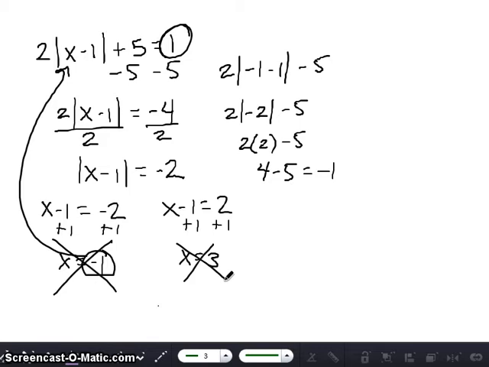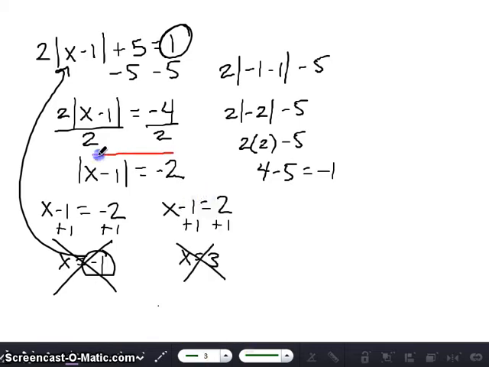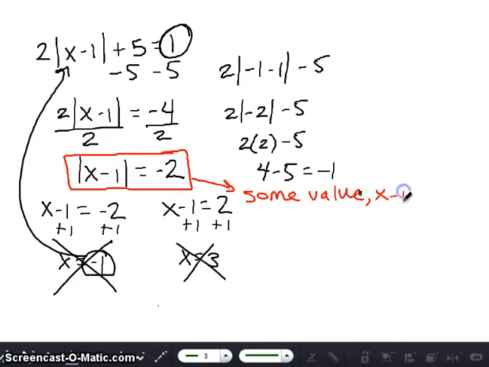So the trick here, the thing that's happening, is when we had this statement right here, absolute value of x minus 1 is equal to -2, that's saying that there's some value that we're going to call x minus 1 that is -2 away from 0.